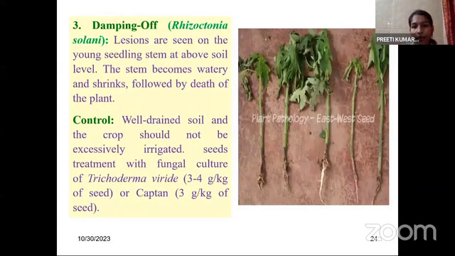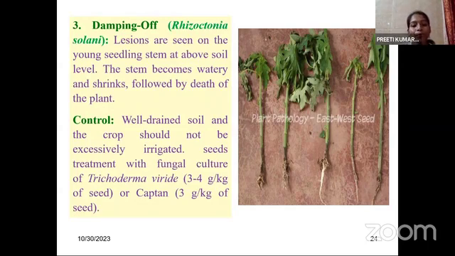Another is damping off. When lesions are seen on young seedling stems just above the soil, the stem becomes watery, shrinks, becomes very thin and dwarf, and after some time the plant dies. It is caused by excess irrigation, so avoid over-irrigation to control damping off.